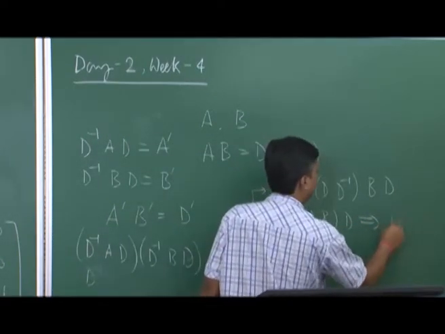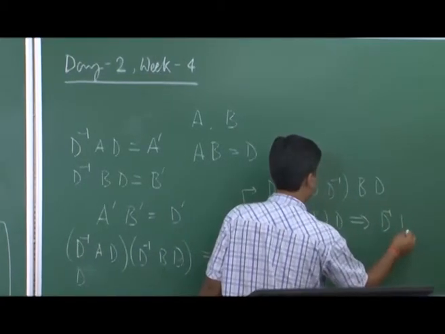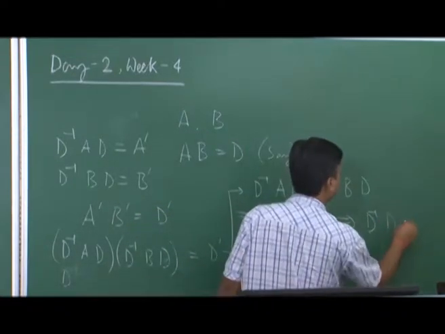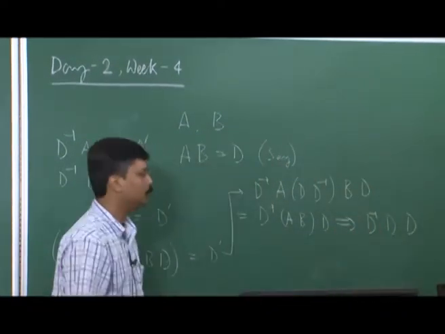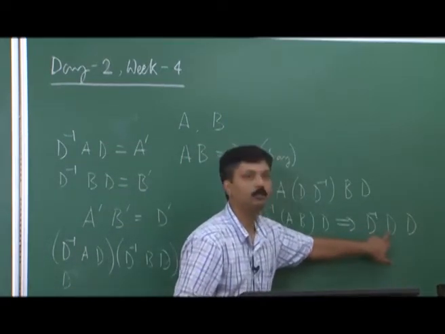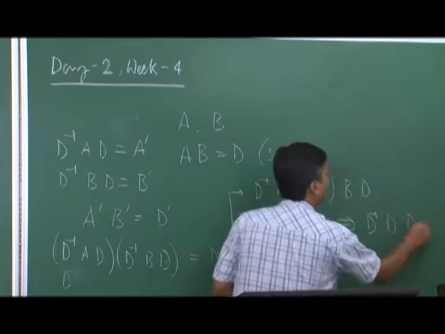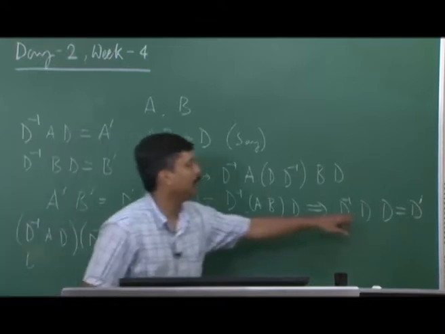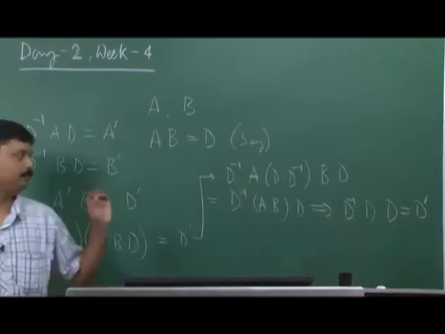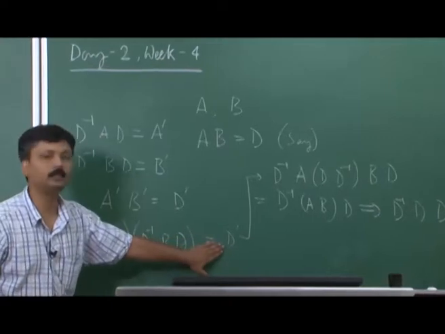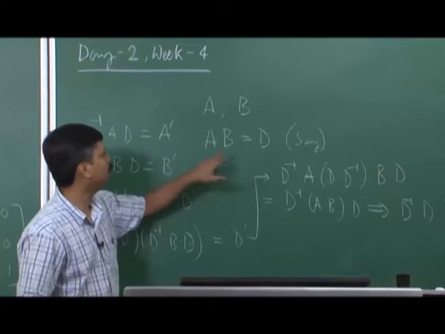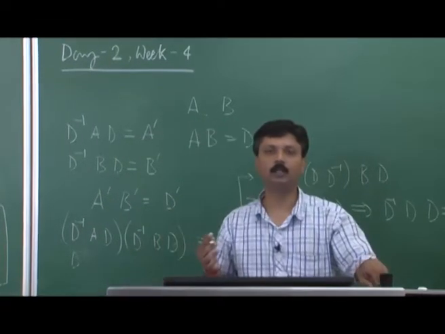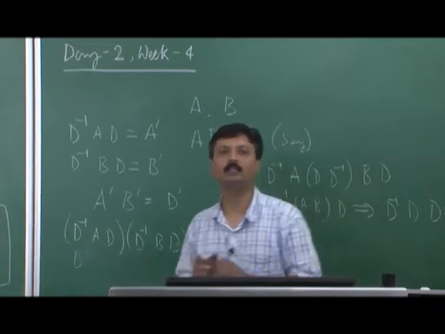Which means I have D inverse D. So that means this is the similarity transformation of D. What I get is D prime, correct? So thereby I can see that this D prime, which is the newly formed matrix after the similarity transformation, can also act as the representation.